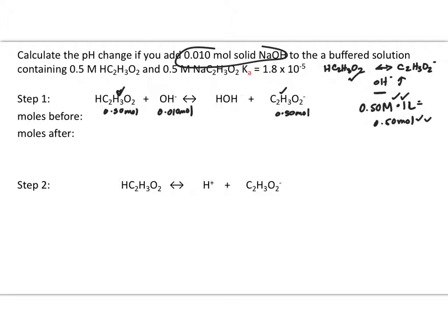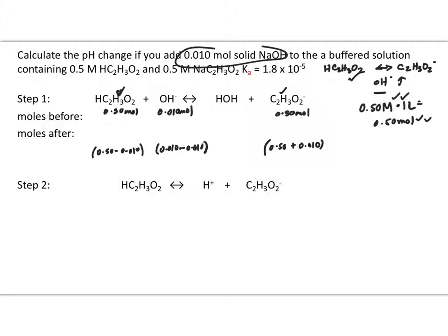We're going to decrease our number of moles of our acetic acid, we're also going to decrease the number of moles of the hydroxide ion that we've added, and we're going to increase our number of moles of our acetate ion.